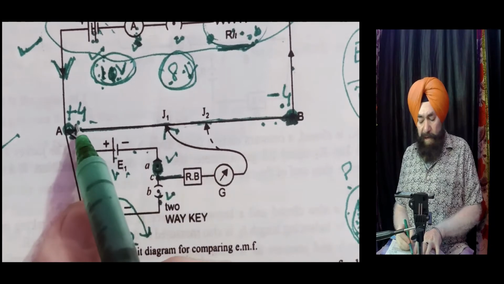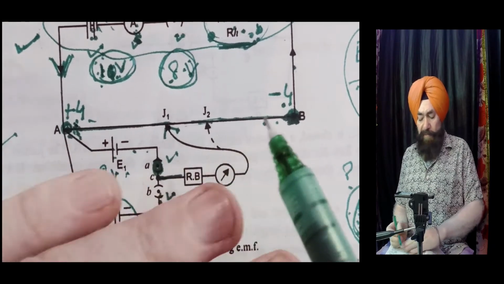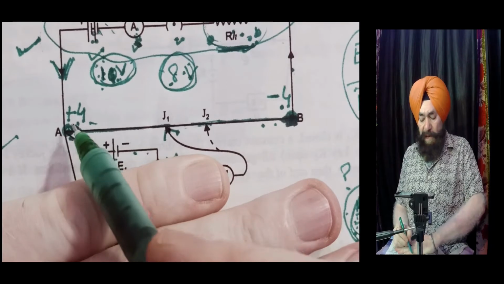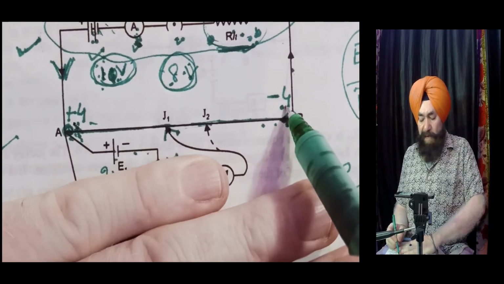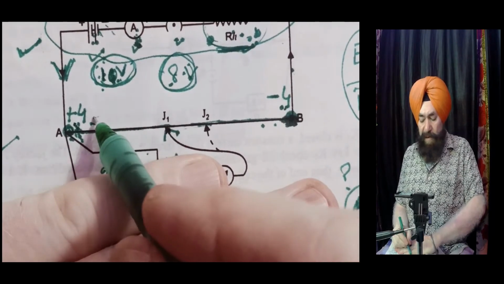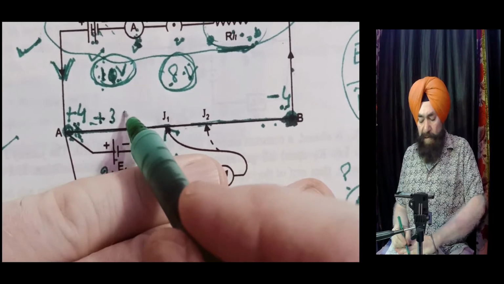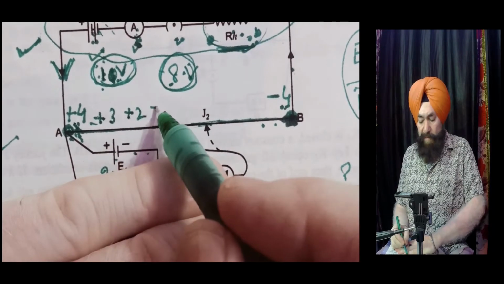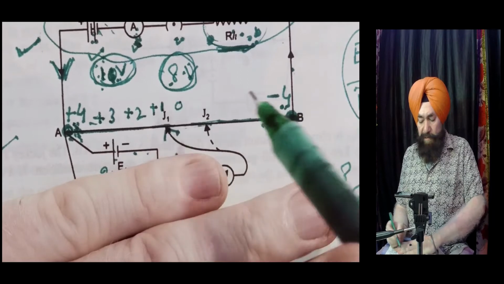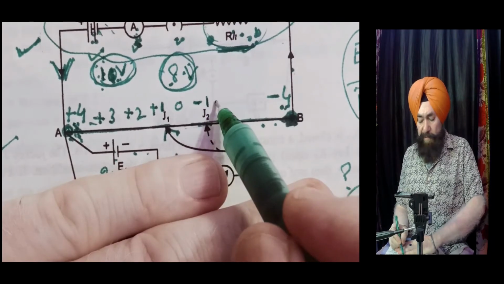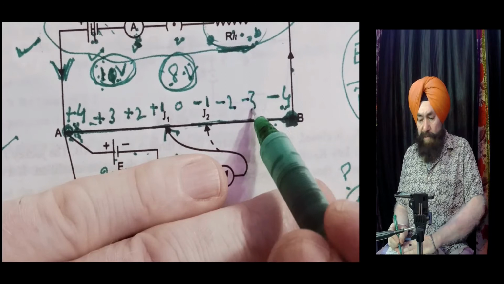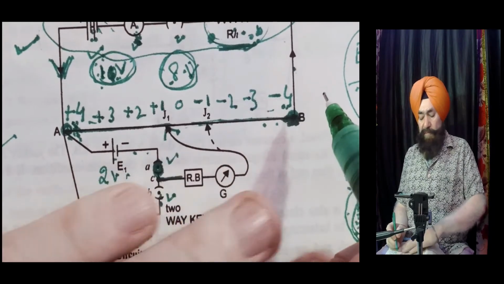Now here, between this end and this end, first of all forget it. I am saying here plus 4, minus 4. That means here it will be plus 3, plus 2, plus 1, 0, minus 1, minus 2, minus 3, minus 4.